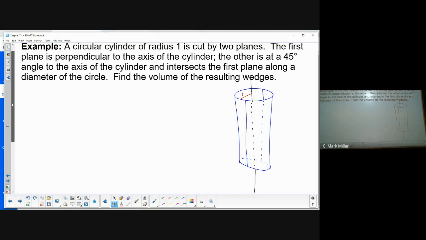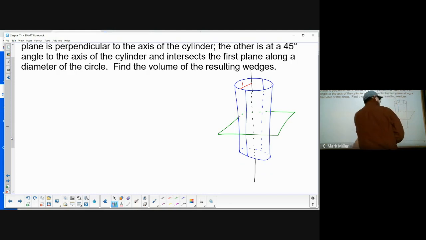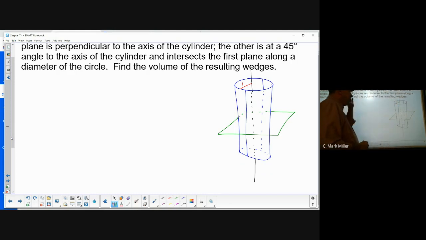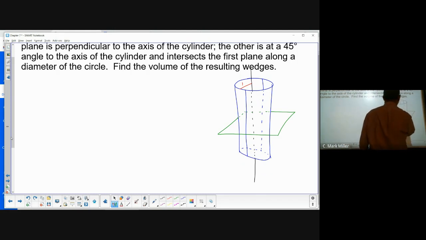Now, if you read the question carefully, you have two planes that cut through that cylinder. One cuts through at an angle perpendicular to that black drawn axis. So I'm going to have a plane like that. The cylinder is going to make a trace in that plane that's a circle.